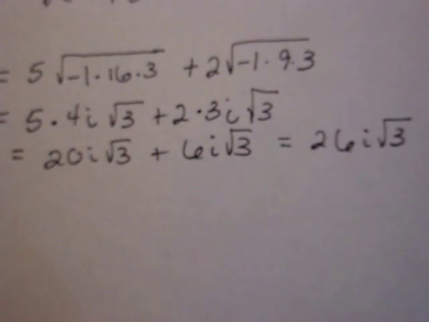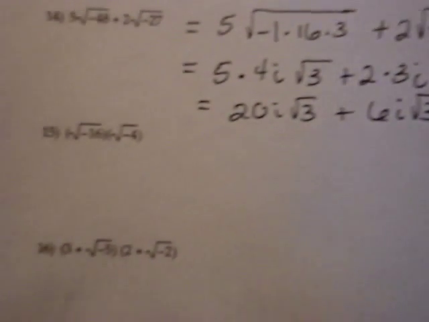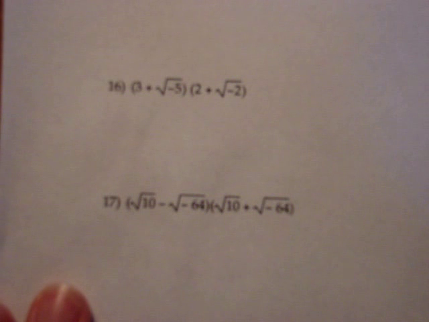Now number 15 we did in class, so let's look at 16. Number 16, now we're going to have to FOIL. Be careful. You must simplify the square roots first. Even though we can't simplify these much, you have to pull the i out first.